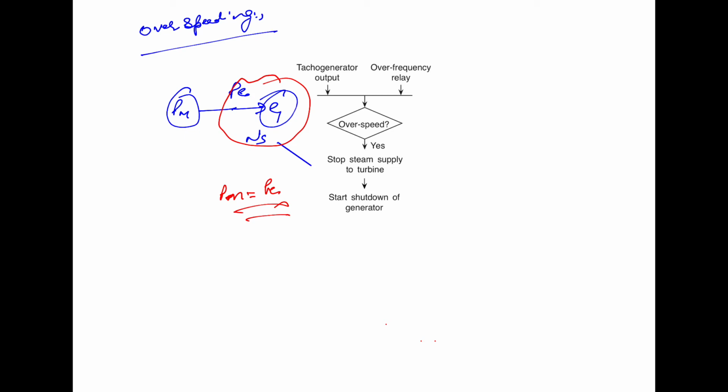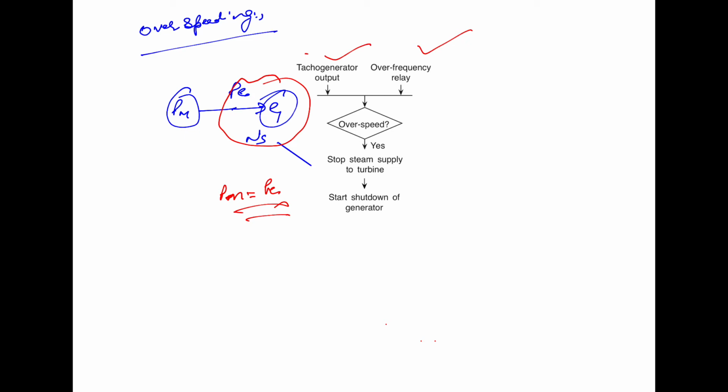So we have the tacho generator which is mounted on the shaft, so it will detect the speed, or it can also be detected by the over frequency relay which is used for that very purpose. So the logic is that it will detect the overspeed.